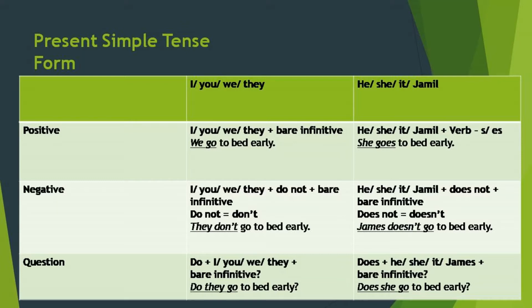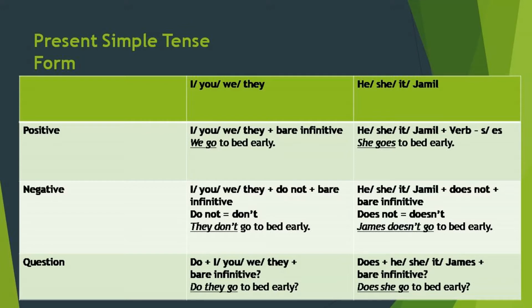Again, if the subject is third person singular number, we have to add s or es not with the main verb, but with the auxiliary verb we have picked up. Like: James does not go to bed early. We are not adding s or es with the main verb as we did in an affirmative sentence. In a negative sentence, we are adding that not with the auxiliary verb.